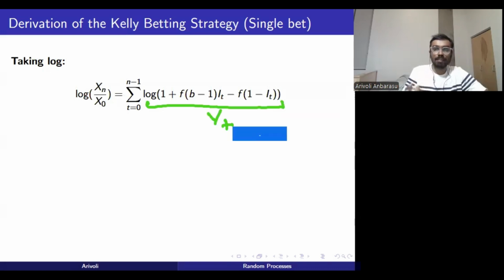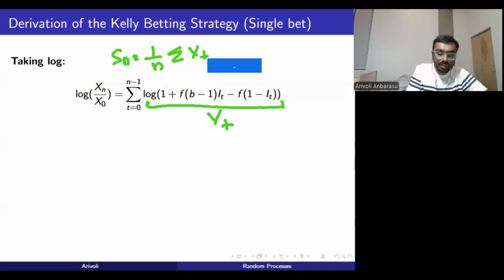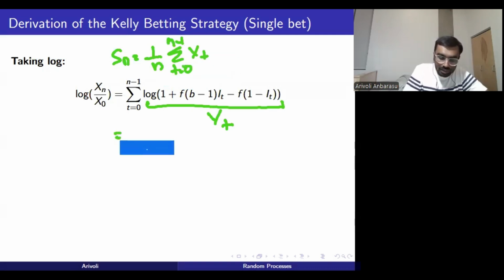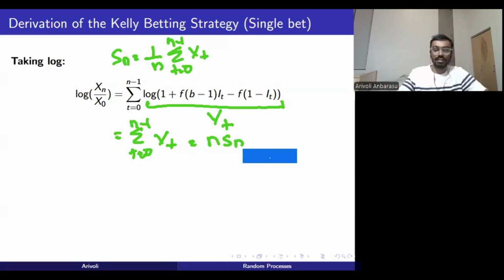And if we denote the sample average as Sn equal to 1 by n times the summation of yt for t equal to 0 to n minus 1, then the summation of yt is just n Sn. So we represented the log ratio with the sample average.